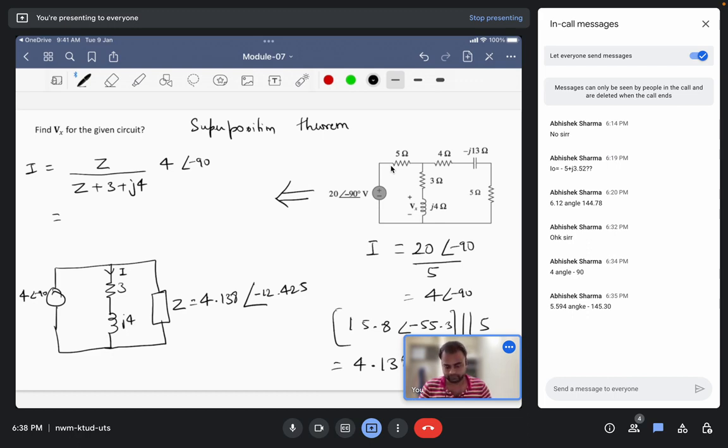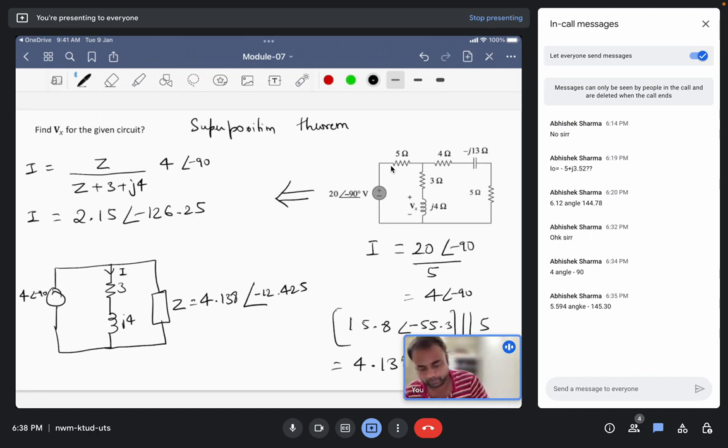So Z is 4.138 divided by Z plus 3 plus 4i, multiplied by 4 angle minus 90. So 2.15 angle minus 126.25. So this is the current I flowing through the 3 ohm and j4 resistance.